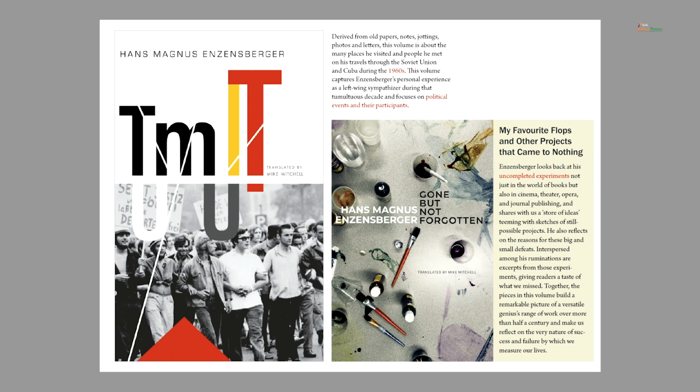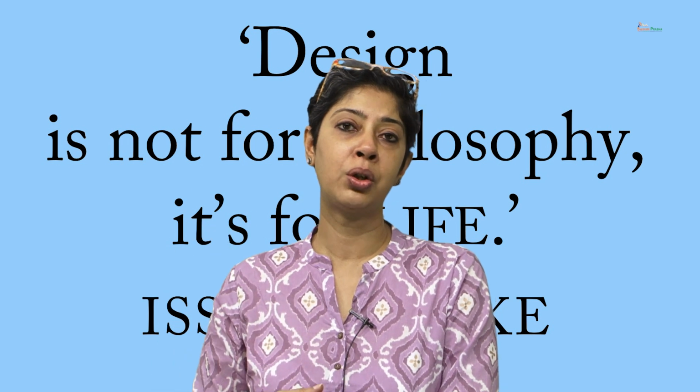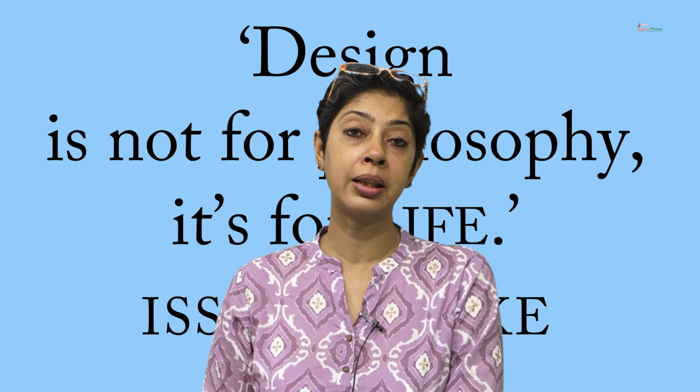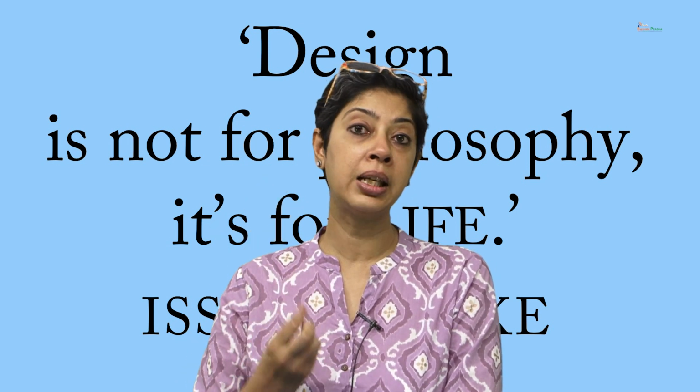It captures his personal experience as a left-wing sympathizer during that tumultuous decade and focuses on political events and their participants. So I hit upon, having read through the blurb, having read through a bit of the book, I realized what is important here is the political events and their participation, the people who began these events.